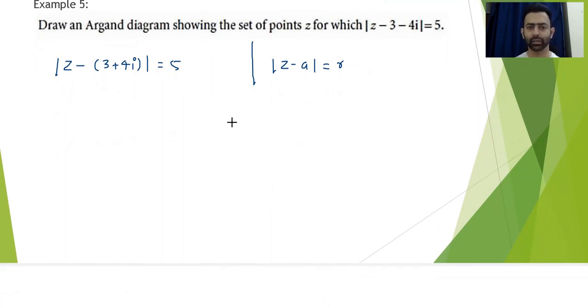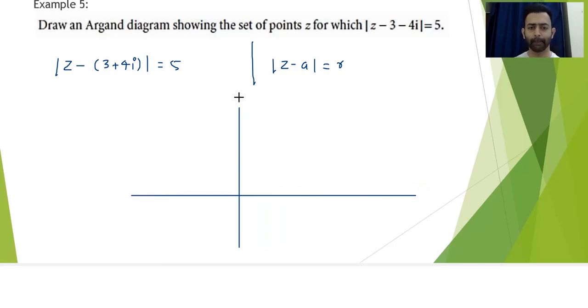Let us take this as the imaginary part of z, and this as the real part of z, and let us first locate this center, which is 3 plus 4i. Now remember, you have to take out the minus sign as a common factor, right?